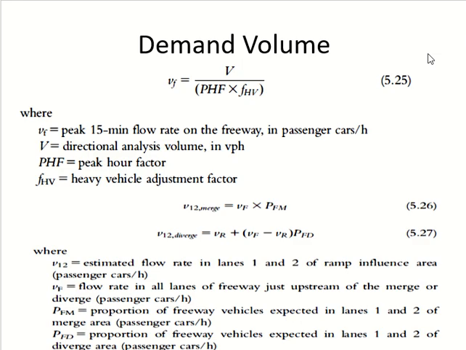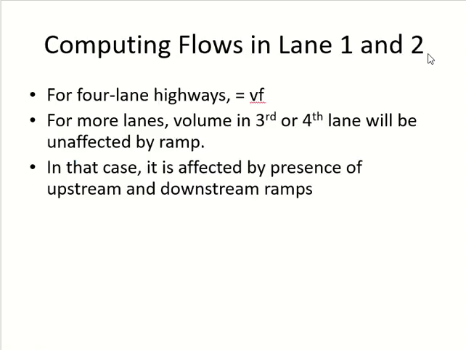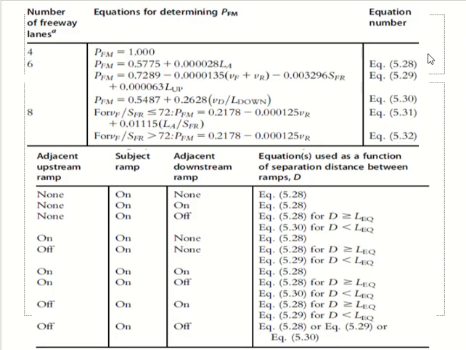We want to find out the percentage of flow in the first two lanes. If it is a merge section, we call it percentage of flow in the merge influence area. If it is diverge, then percentage of flow in the diverge influence area. So these are the equations which will give you how much flow you should expect in the two lanes. And then we had these conditions, we discussed them.